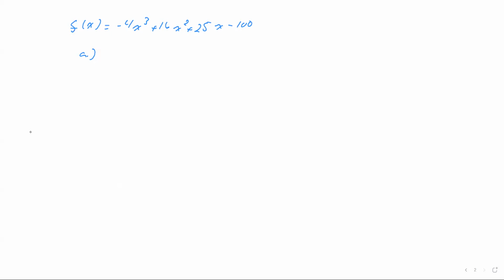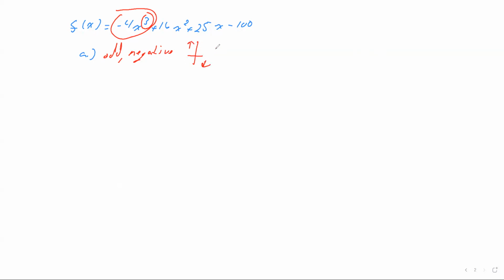Remember, we do that by just paying attention to the leading term. If it is an odd exponent and a negative, it'll open this way. Oh, right, nope, I got that backwards. Open this way.